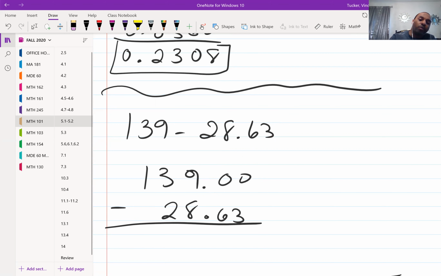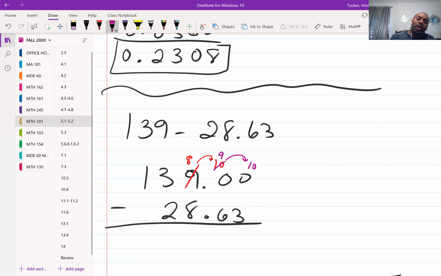So we can take 1 from this 9, and it turns into 8. And then that 1 is 10 in reference to the value to the right of it. So we can borrow from that. That'll turn into 9. And then once again, we have 10 over here because the 1 that you took from the tenths place is 10 in comparison to the hundredths place.